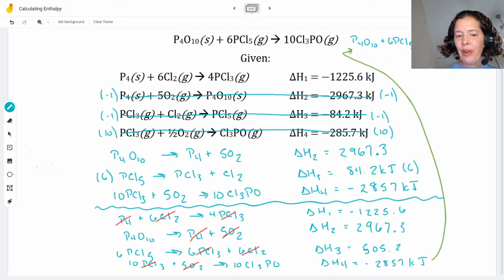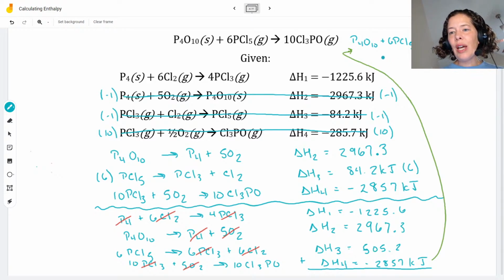And now I go to my products. Let's make sure that all of my products have canceled out except for my 10 Cl3PO. So that also looks good. You can see that my reactions are matching, which means at this point I just need to add all of these delta H's, remembering these negatives in here.